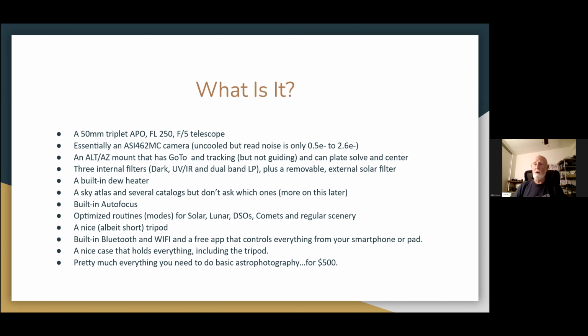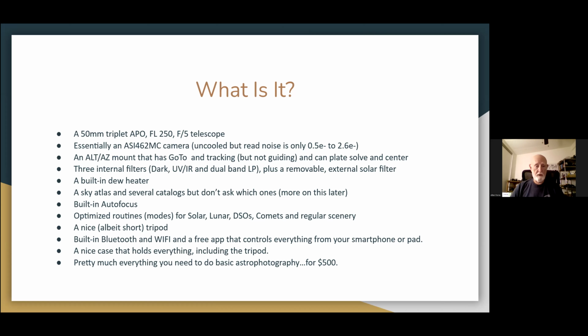It has built-in autofocus, and that built-in autofocus is pretty good. It has optimized routines. They call them modes: for solar, for lunar, for what they call stargazing. I call it DSOs. Recently they have added comets, and they also have one for regular scenery that you could use during daylight.